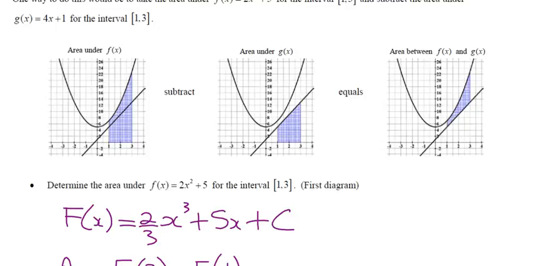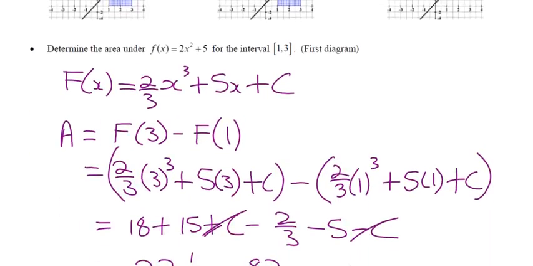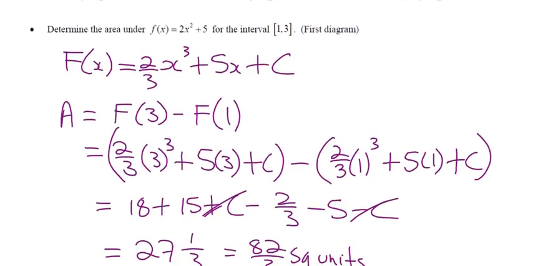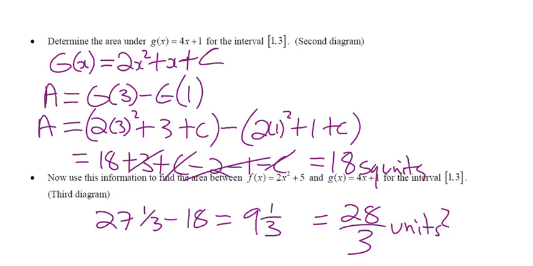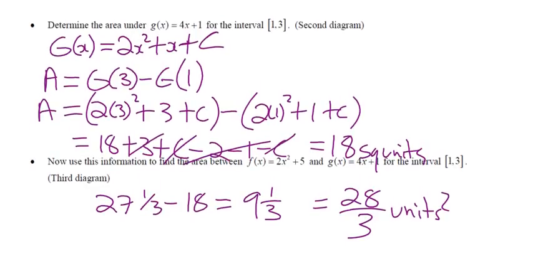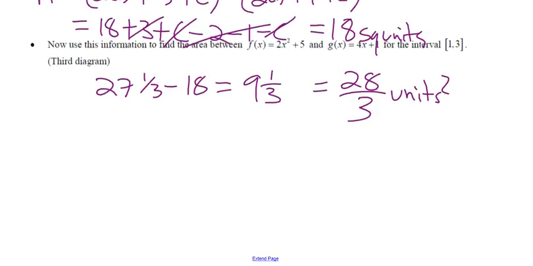So I'll just scroll down and leave this up for a moment. You can see here's the calculation of the area under f of x for the interval 1 to 3. If you want to see it further, just pause now. And then here's a calculation for the area under g of x. And then ultimately we subtract the area of g of x from f of x and get 28/3 square units.